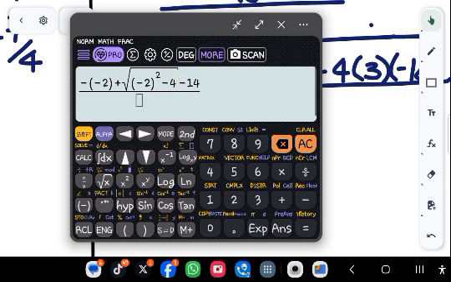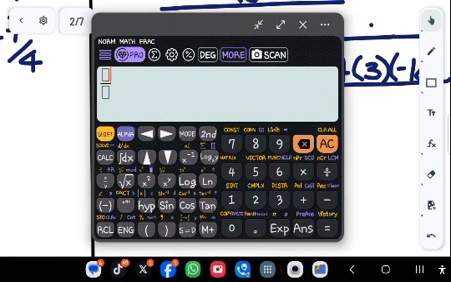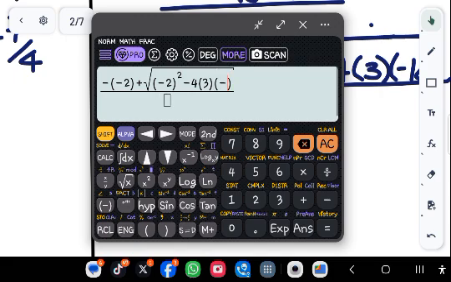Let's make sure we do this again because I don't want to make any mistakes. All right, plus square root of, open bracket, negative 2, close bracket, all squared, minus 4, open bracket, 3, close bracket, open bracket, and then negative 14.